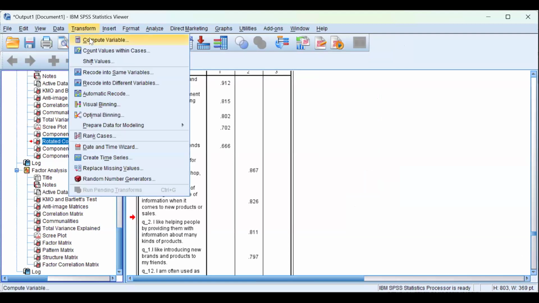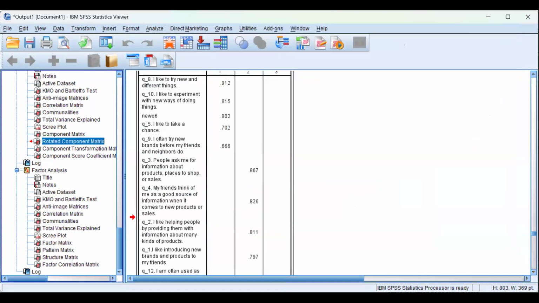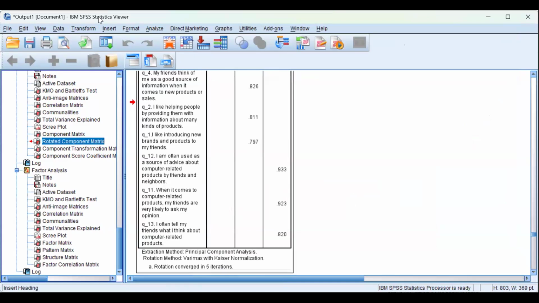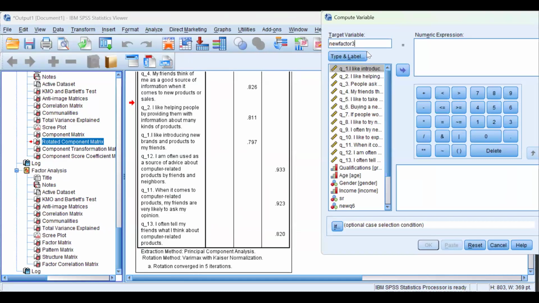And I will also have more factors, which ones? 11, 12, and 13.